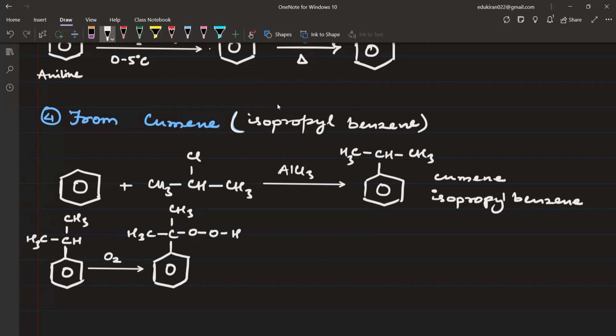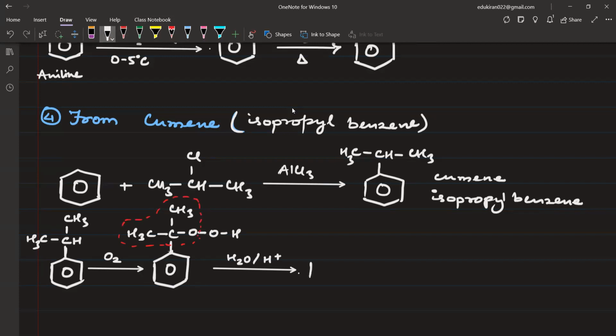Now, once you heat it a bit in the presence of water and acid, there is a migration happening. So this oxygen atom attaches on this particular carbon, and this part is broken on heating with water and acid.